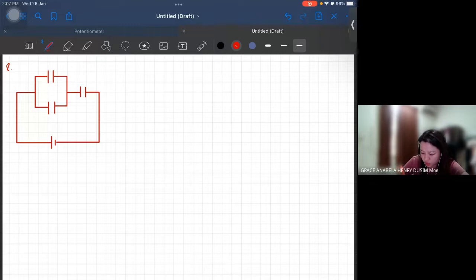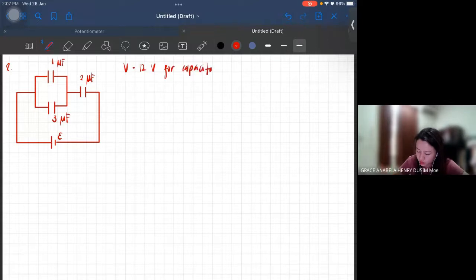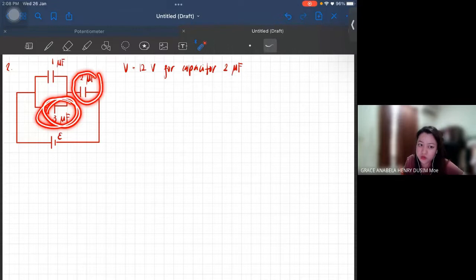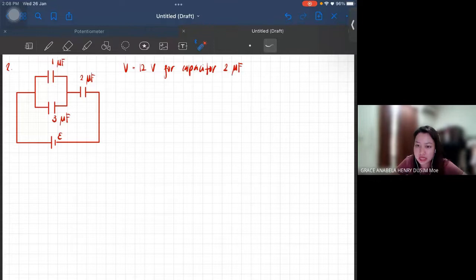So this is 1, this is 2, this is 3, then this is our cell. The correction is in question B2. The 12 volt should be for the capacitor of 2 microfarad. So instead of the 3, it should be 2 microfarad. That's why you will have problems calculating question C.